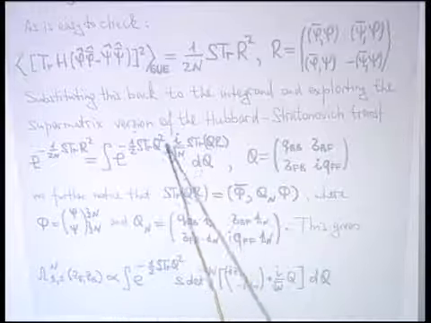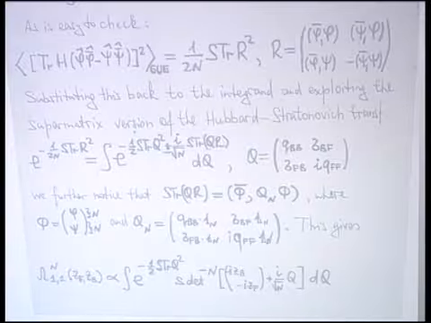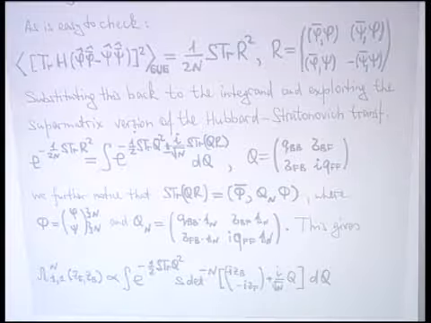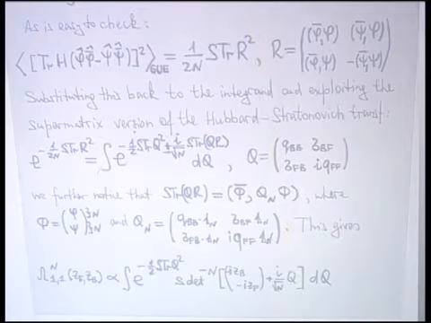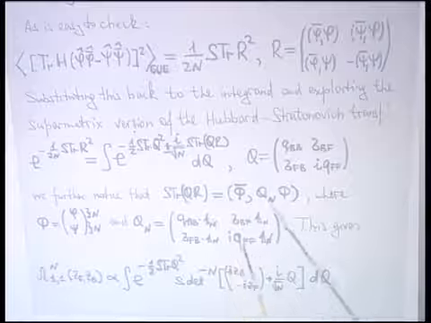If you shift it by a linear term, you verify that it gives precisely what you expected, exponential minus 1 divided by 2n supertrace of R squared. Substitute it back here: replace this exponential term with such an integral and change the order of integration.